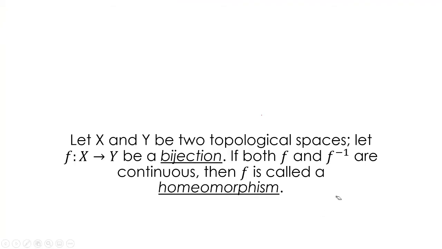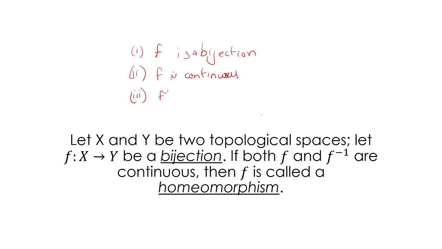Now let's take a look at the definition of homeomorphism. In the definition of homeomorphism, it is said that a function f is a homeomorphism if 1. f is a bijection, and 2. f is continuous, and 3. f inverse is continuous.